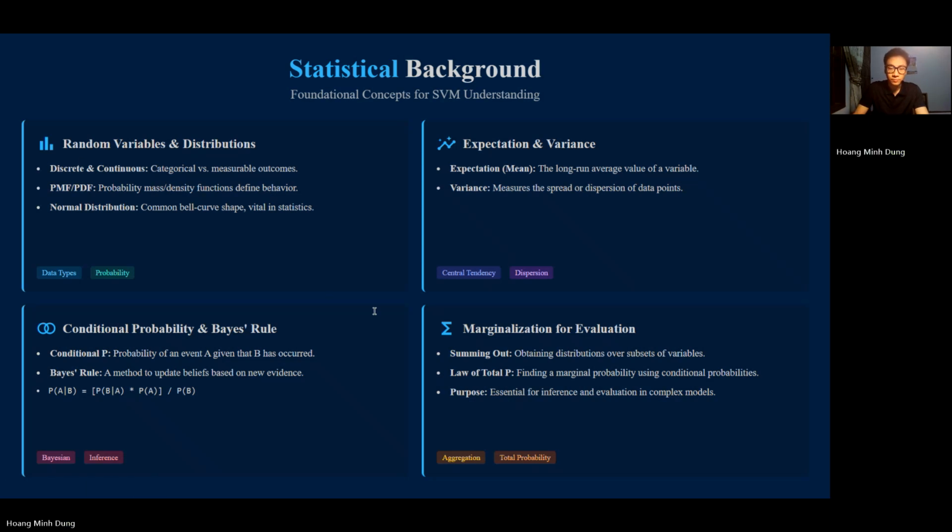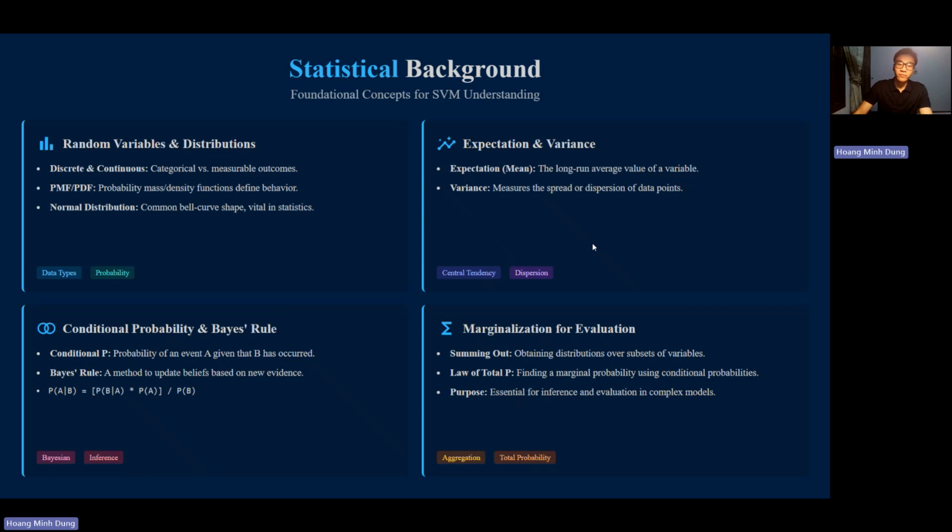as random variables. They can be discrete or continuous and described by probability functions. Then there are expectation and variance, to understand the average value or the mean and the spread of our data, right skewed or left skewed, due to a right tail or a left tail. Finally, conditional probability and Bayes' rule are essential.